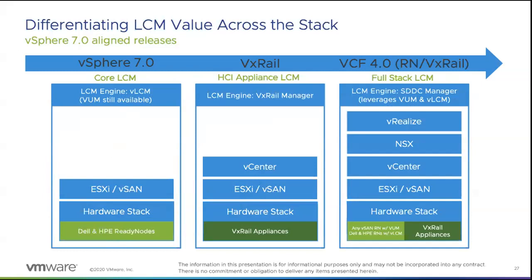For VxRail, the VxRail Manager will do the upgrade of hardware, ESXi, vSAN, and vCenter. And then for full stack LCM, your SDDC Manager will leverage either WUM or VLCM and upgrade the vRealize suite and NSX as well. So this pretty much provides the end-to-end lifecycle management for any VCF stack that we have.